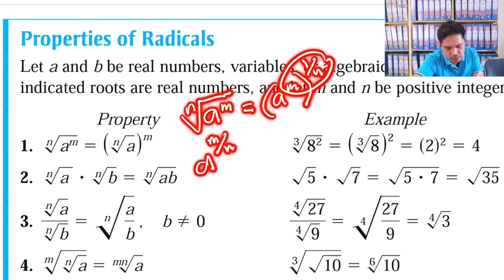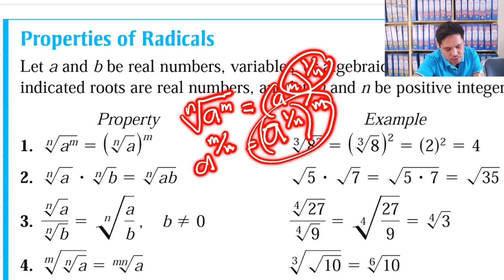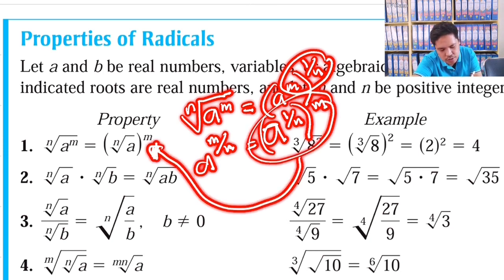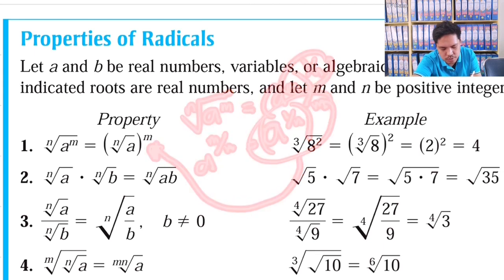Okay? So, pag ganito siya, pwede mo din isulat as a raised to 1 over n, raised to m. Pwedeng ilabas din si m naman. So, eto siya, similar na siya dito. Yung m na yung lumabas. Pwedeng lumabas. Okay?